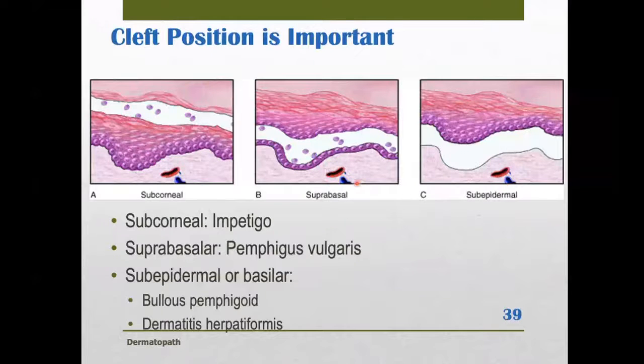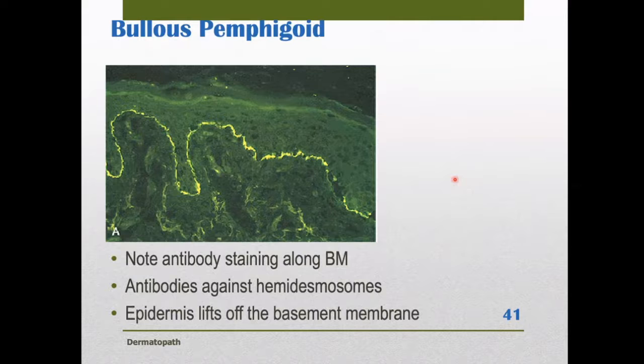The subepidermal cleft can be bullous pemphigoid or dermatitis herpetiformis. Bullous pemphigoid, as we saw, is above the basement membrane, while in dermatitis herpetiformis the region is really within the dermis itself, that means below the basement membrane.